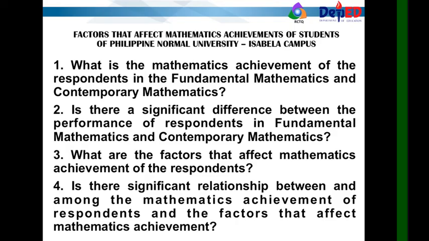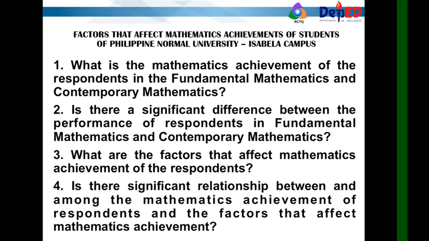And then, is there a significant relationship between and among the mathematics achievement of respondents and the factors that affect mathematics achievement? So, dito naman relationship, yung mga factors na tinignan, kung may relationship sila doon sa mathematics achievement ng bata. Which is correct naman doon sa kanyang title. Okay?